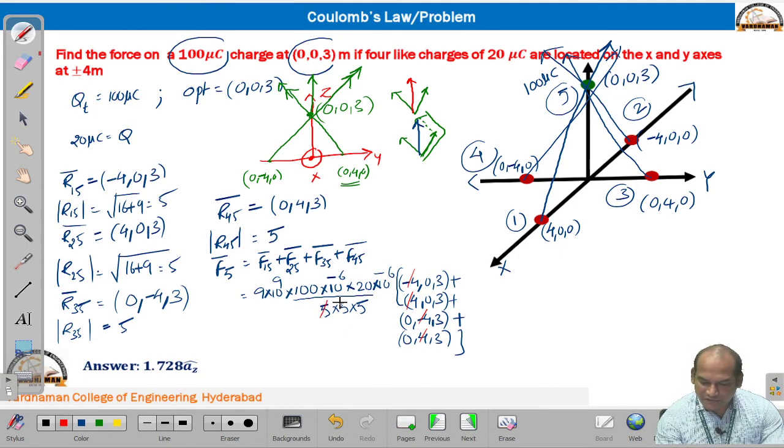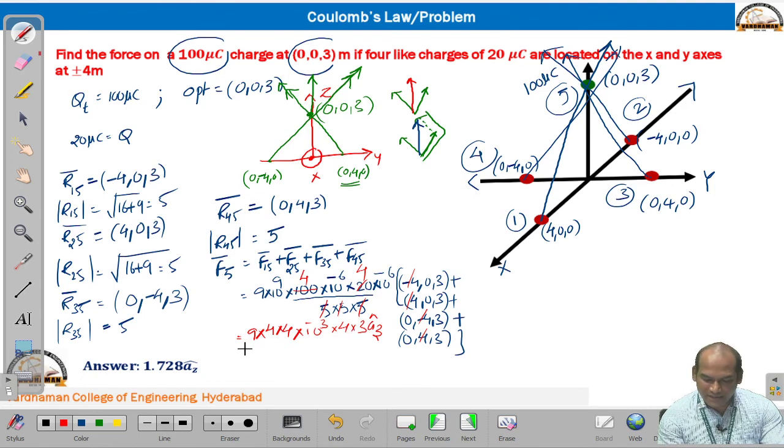So, here 5 into 5 is 25, 25 into 4 is 100, 5 into 1 is 5 into 4 is 20. So, finally what you are getting here is 9 into 4 into 4 into 10 power 9, into 10 power minus 12, that means 10 power minus 3, and 3 came 4 times, that means 4 into 3 into a z cap.